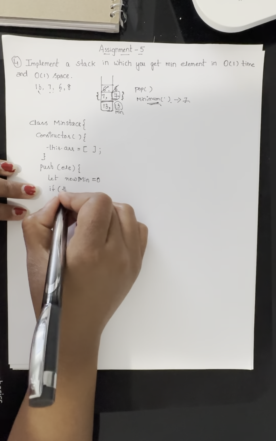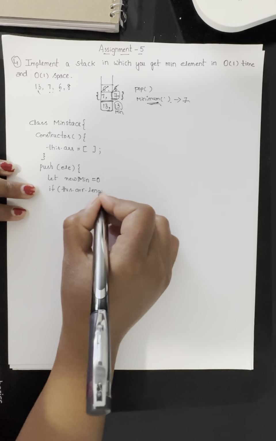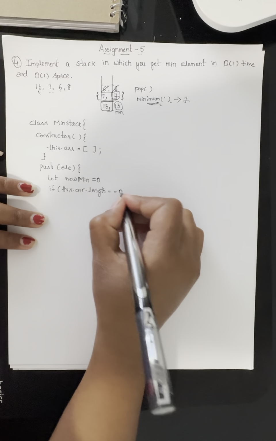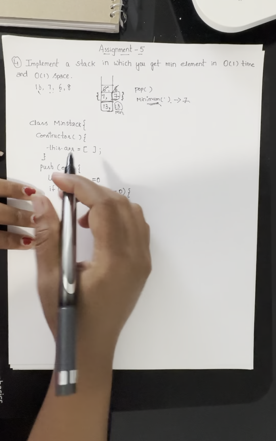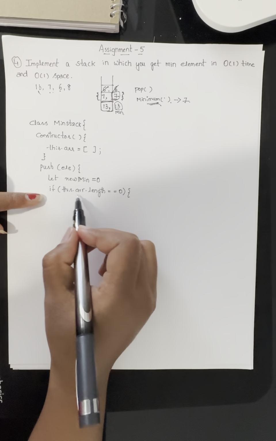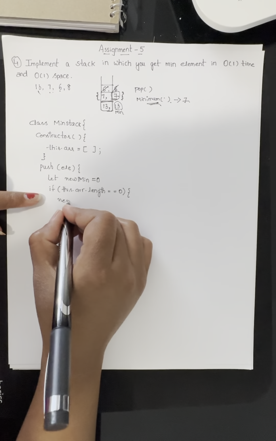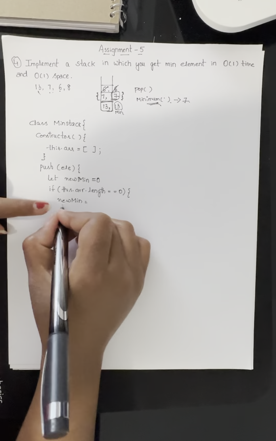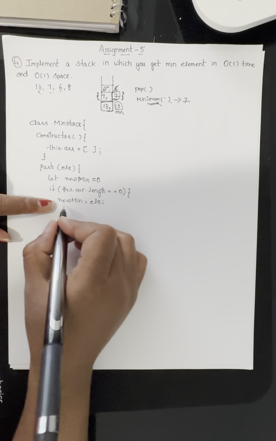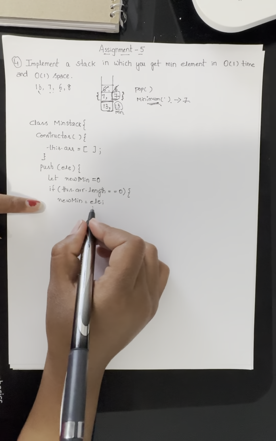So if this.array.length is equal to 0, so whenever a push function is called with some element, and the array length until then is 0, then we'll assign the element to the new minimum. So the element becomes the minimum element because that is the first element that is pushed.